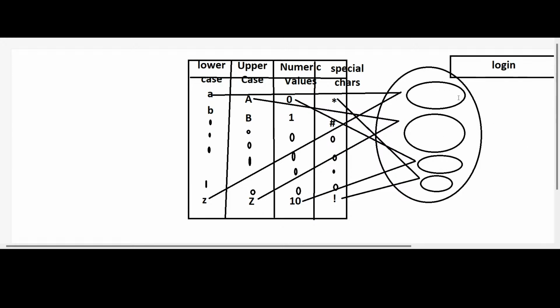With lowercase letters, uppercase letters, numerical values and special characters, is it producing the right output or not? These are all the valid partitionings.